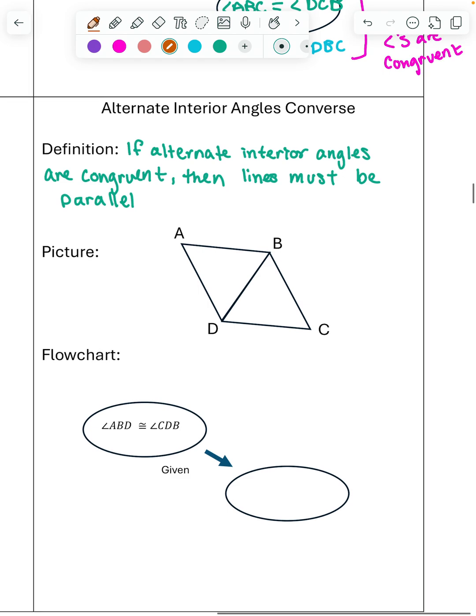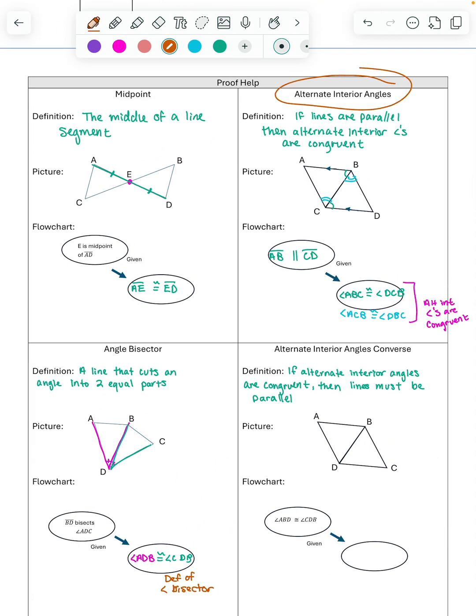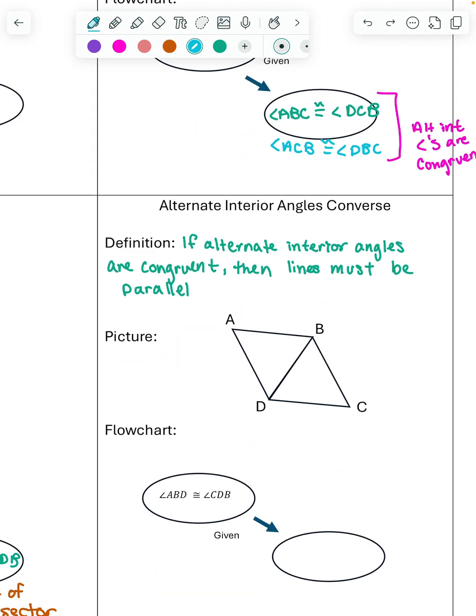Moving on to alternate interior angle converse. This is just our alternate interior angles, but remember the converse is when we switch the if and then. So here now we are starting with if alternate interior angles are congruent, then the lines must be parallel.